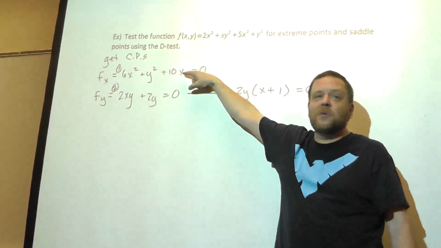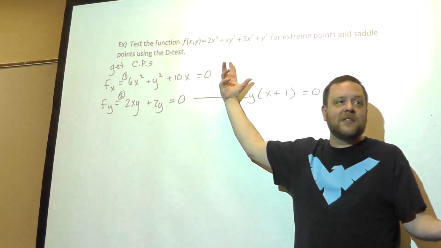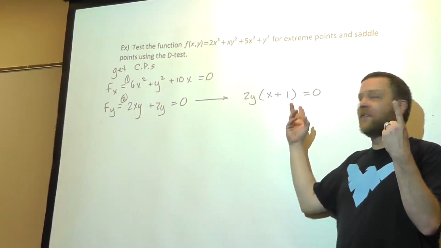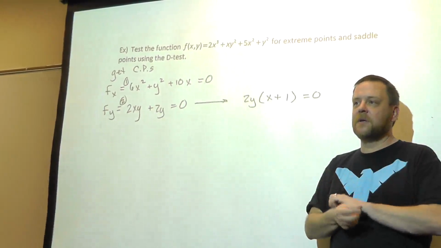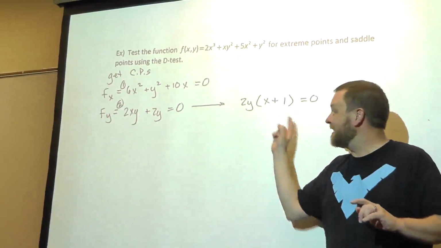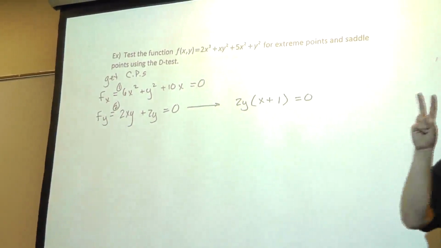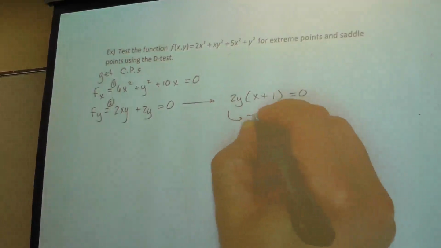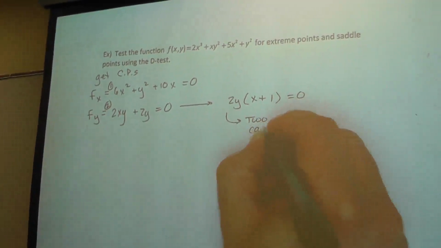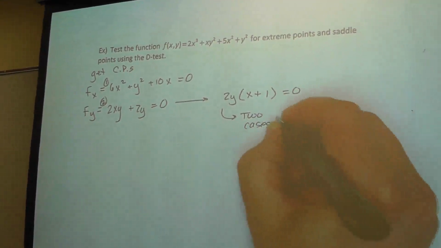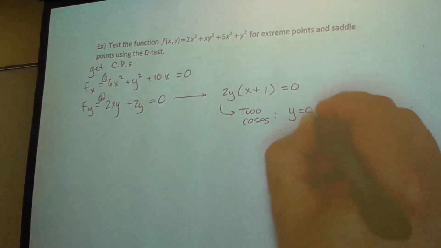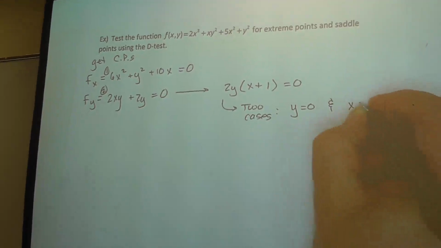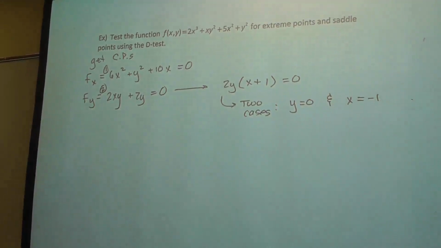And then plug it into this one for x, and then see what y values that leads to. So that's one case that I can get from this. What's another case I can get from this? Y equals 0. Since it is factored and set to 0, there are two truths. Sounds like a philosophy class. So I'll call them cases as opposed to truths.